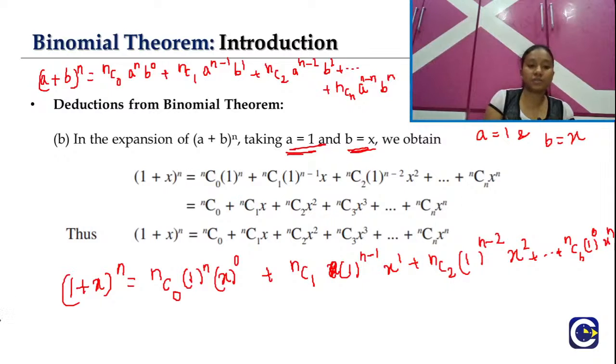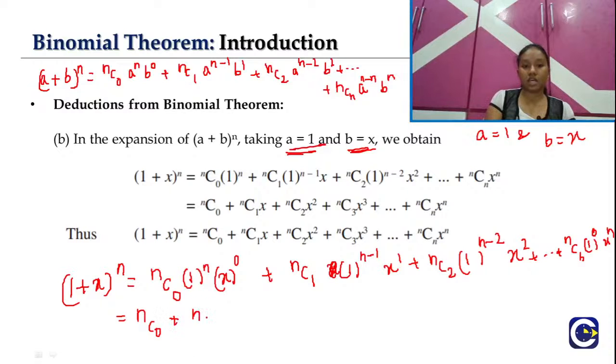Now if you observe here, the first term is 1. Whatever the power of 1 may be, it will always be equal to 1. Yes or no? So this term will become nC0. Here 1 power n, the power could be 100,000, but still the value will be 1 only. And x power 0 is 1, so it will be only nC0.